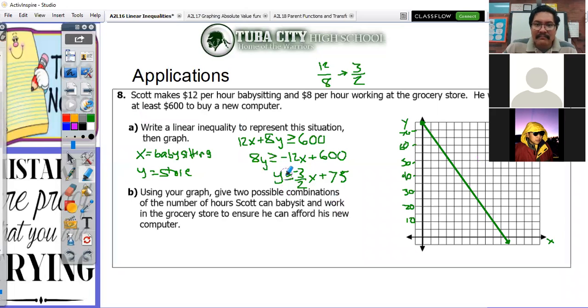But again, in this case here, we want more than $600. Or again, looking at the mouth, it's open towards the y. And since the mouth is open towards the y, I'm going to go ahead and shade the area above the line. There we go.